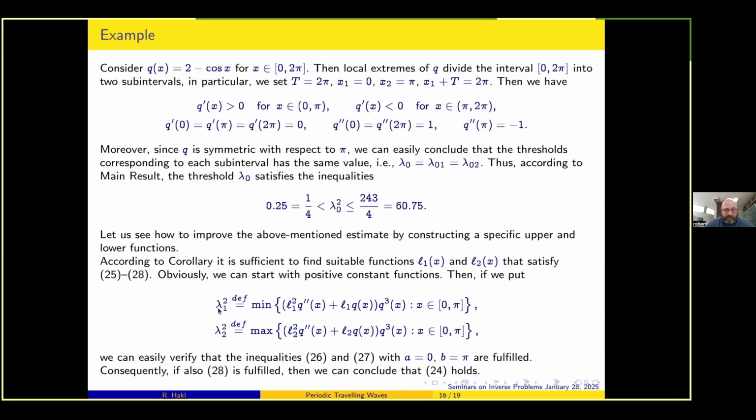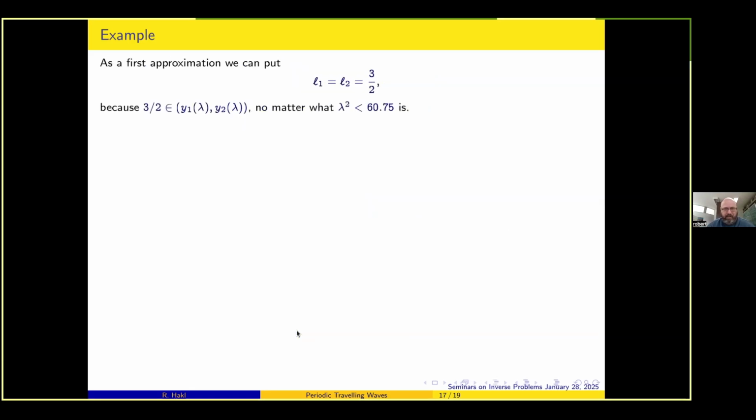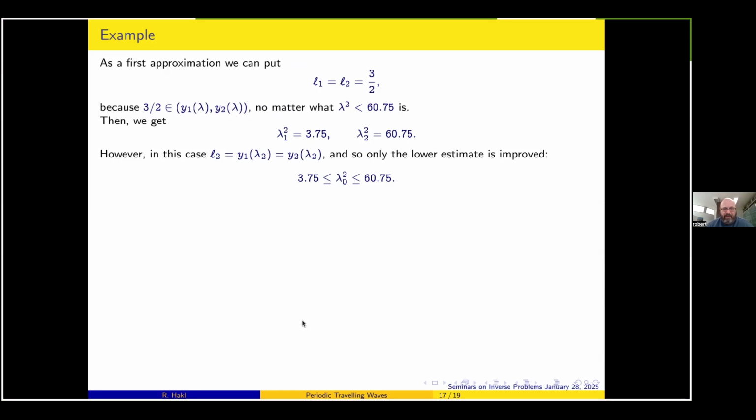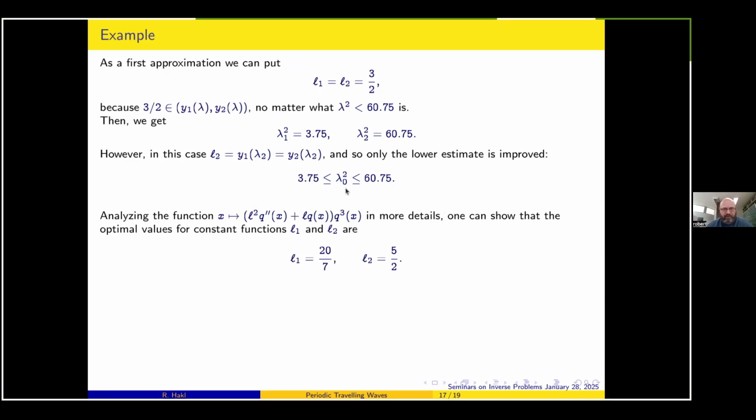Then if we define lambda 1 in this way and lambda 2 in this way, we get that the critical lambda is between these two. So if lambda 1 and lambda 2 are equal to 3/2, then we get 3.75, and the upper bound doesn't change. This estimation is still too wide.